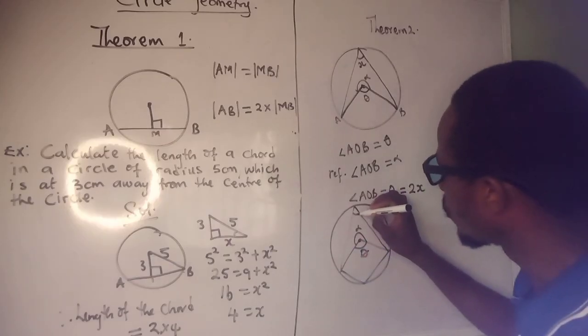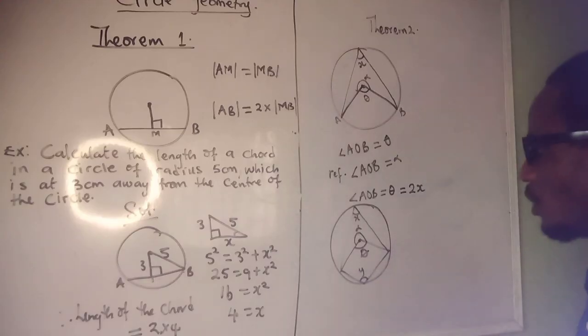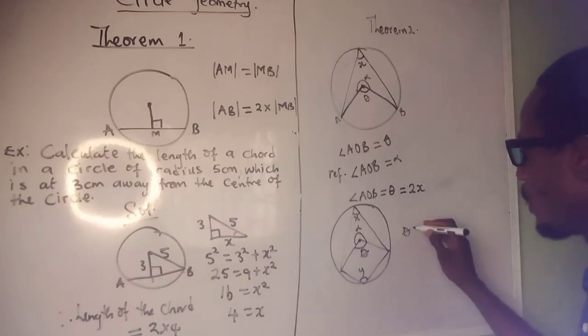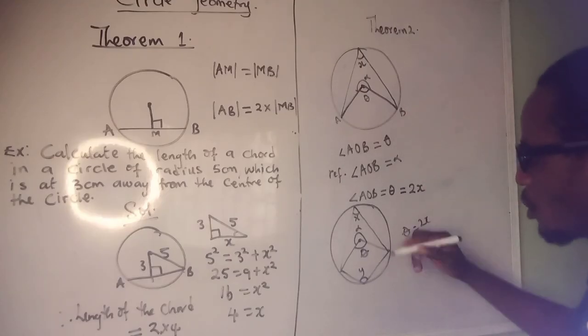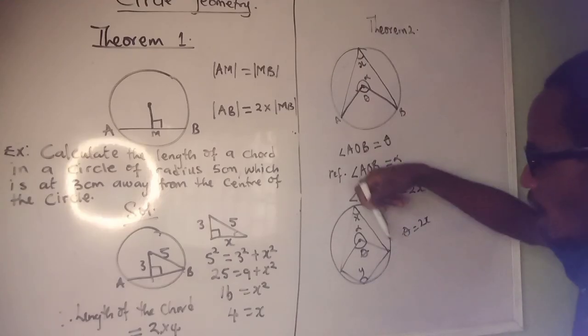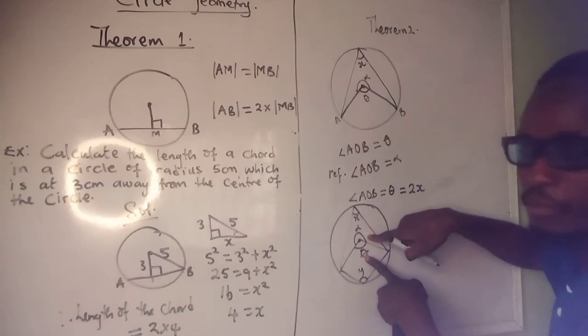So let this be angle X and let this be angle Y. So you should know that theta is equal to 2x from the previous explanation. Why? Because x is behind theta. Now x is opposite to alpha.